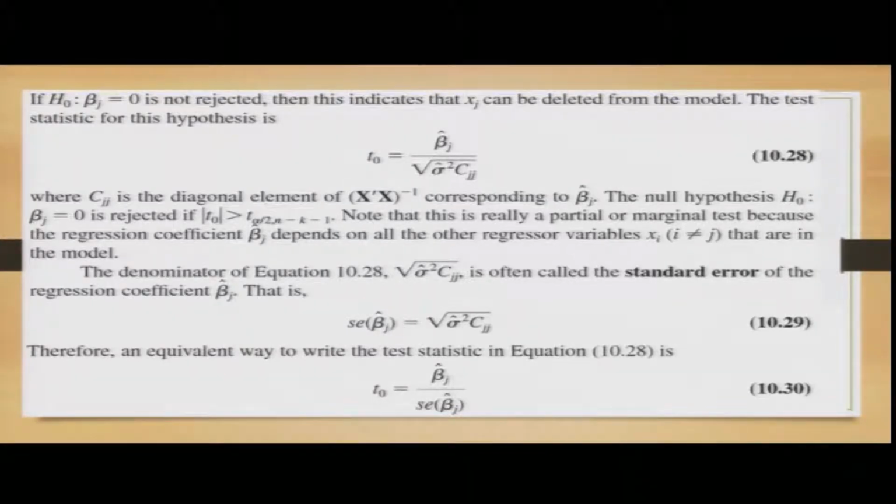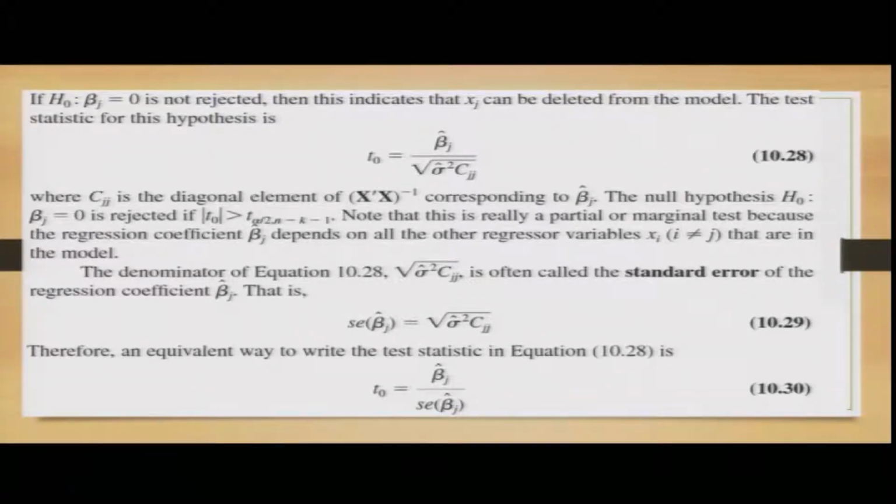The test statistic for the hypothesis would be the t value. So, this t statistic would be beta hat j, because beta hat j is basically the estimated value of beta, divided by the square root of sigma square hat c j j. So, c j j are the diagonals of the x transpose x inverse matrix. So, that was one part when you are trying to find out the beta hats.